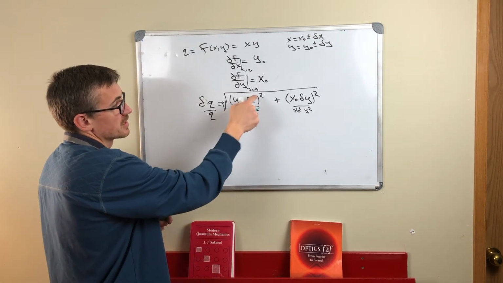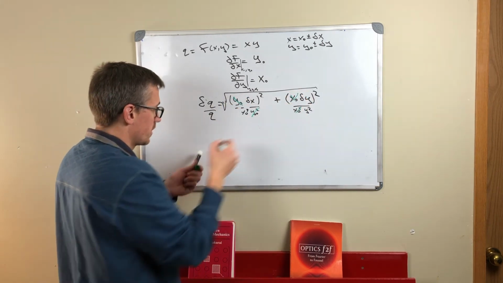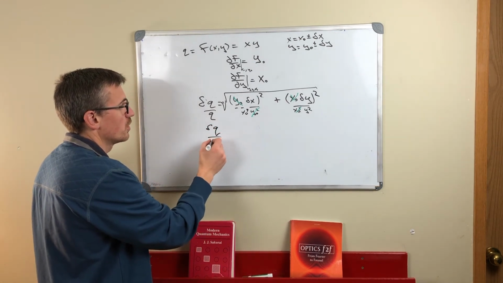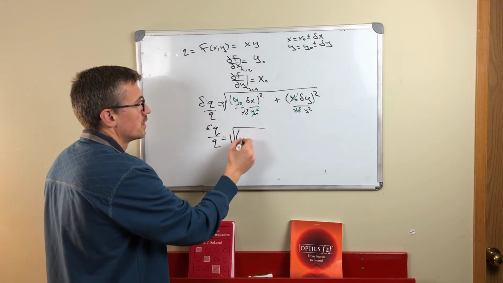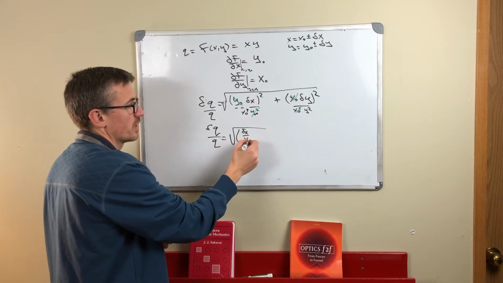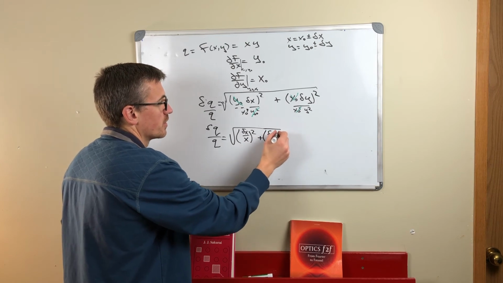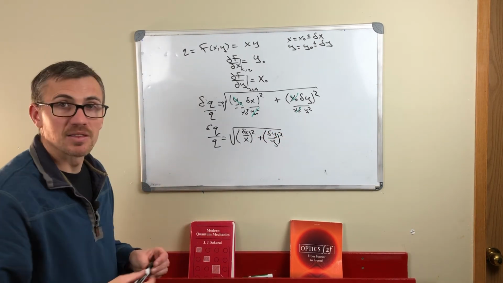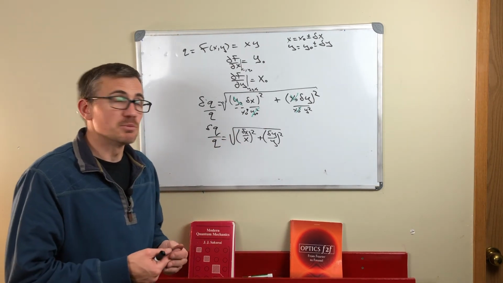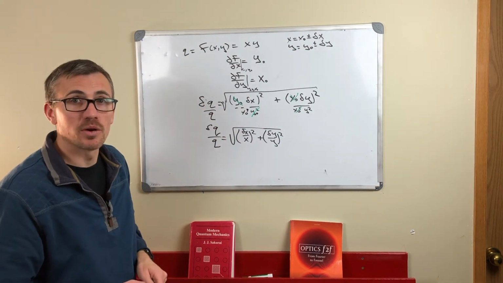This y naught squared cancels out with this y naught squared. X naught squared will cancel out with this x naught squared. And we are left with delta q over q is equal to the square root of uncertainty of x over x squared plus dy over y squared. Okay? We already derived this, the grinding it out way, but I just wanted to show you that, first of all, those special rules that you might have seen before are just a special case of this general rule where we're adding the uncertainties in quadrature.